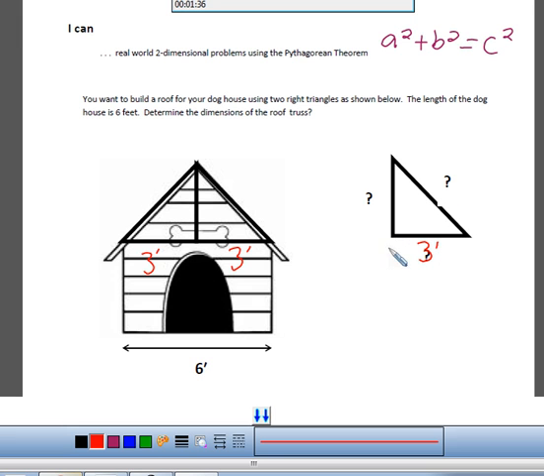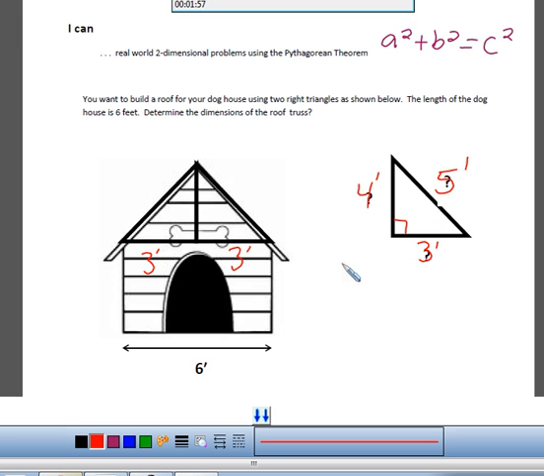Now, if you remember from the previous lesson, we know about certain types of right triangles. One of those types is a 3, 4, 5 right triangle. So this could be a 3, 4, 5 right triangle.